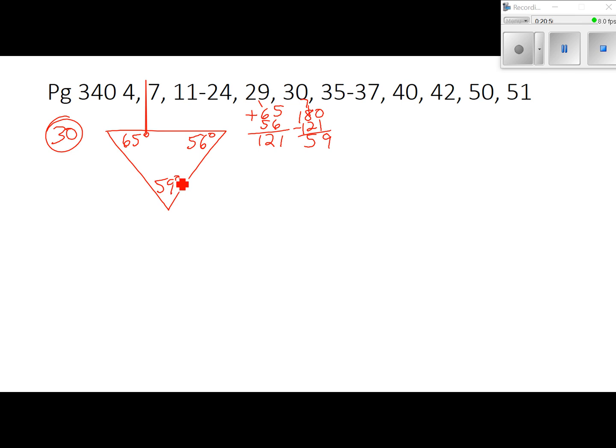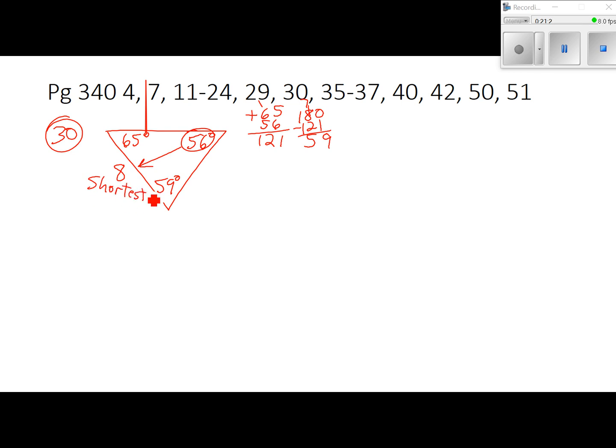Just looking at this, we can sort of figure out which sides have to be the longest and shortest and so on. They tell us that that side over there is 8. Well, we know that this is the smallest angle, so that has to be the shortest side.